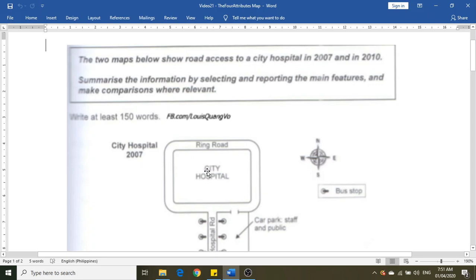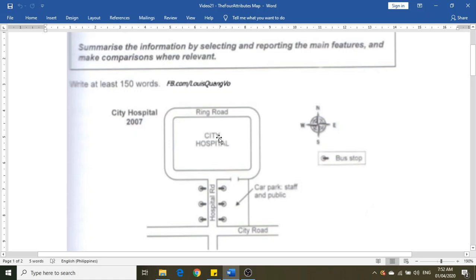So now the city hospital should be described with an article, with a or the. And then please make sure that you do not capitalize the C and the H. So city hospital here is what we call a common noun. It's not really the name of a hospital.